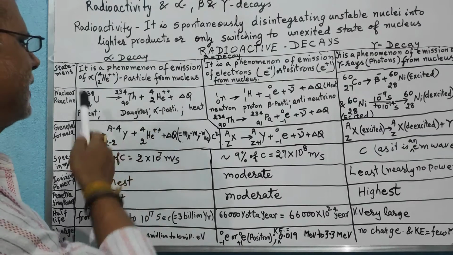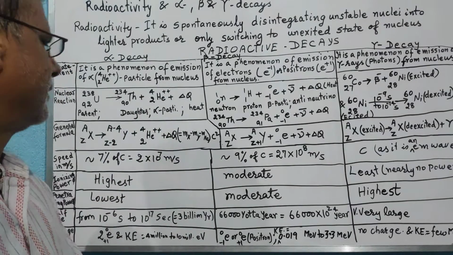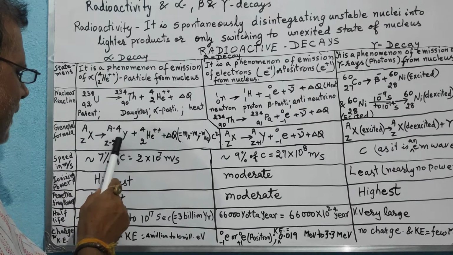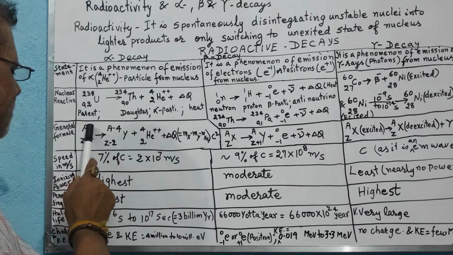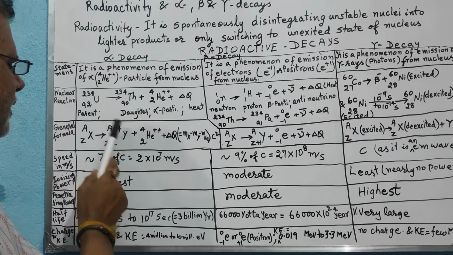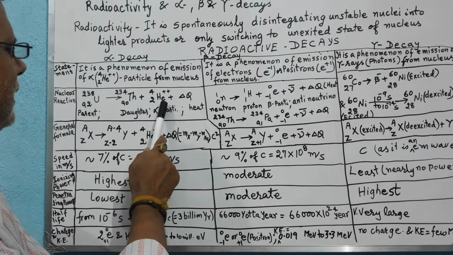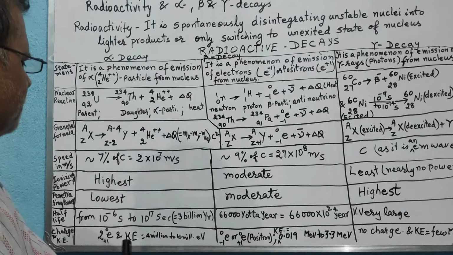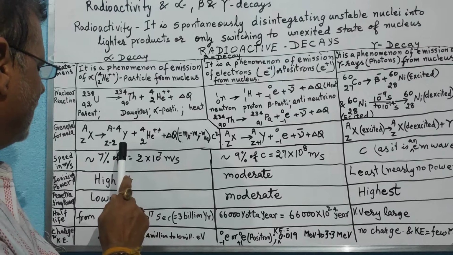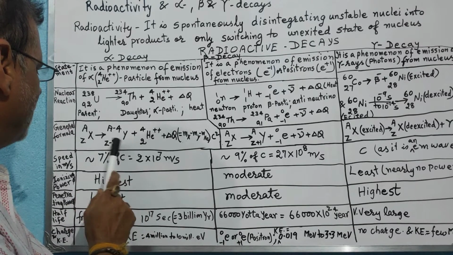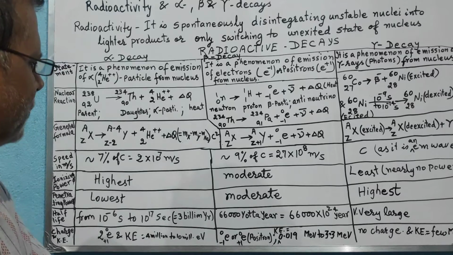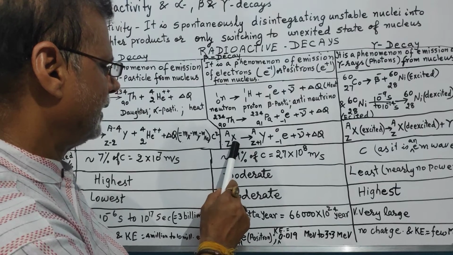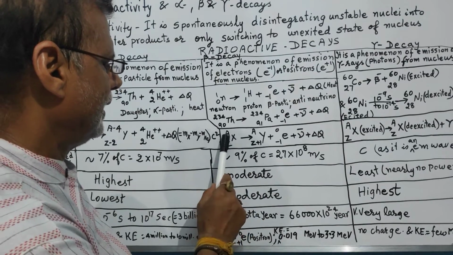Now what happens in general when alpha decay happens? The atomic number Z is reduced by 2 and the mass number A is reduced by 4, because helium has 4 units of mass and 2 protons. Therefore Z reduces to Z minus 2, A reduces to A minus 4. In case of beta decay, Z increases by 1 and A remains unchanged.